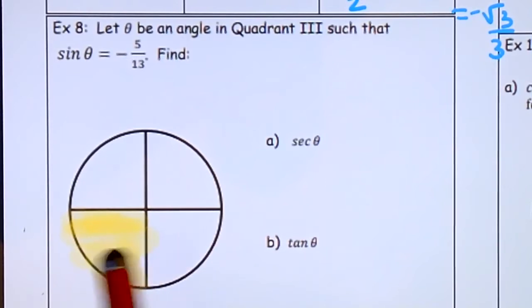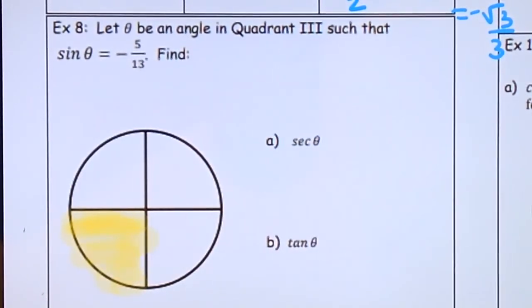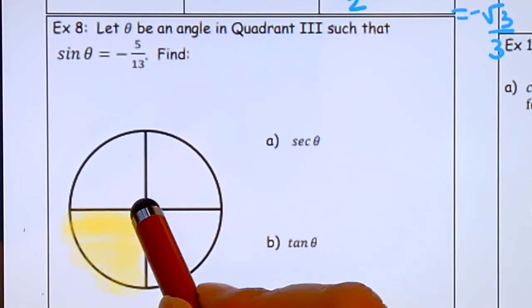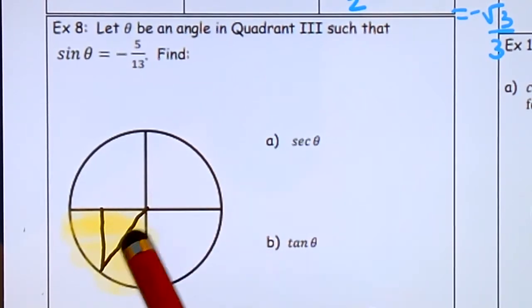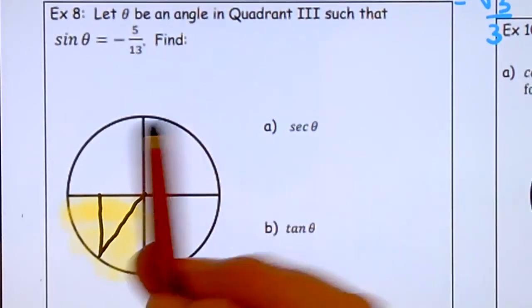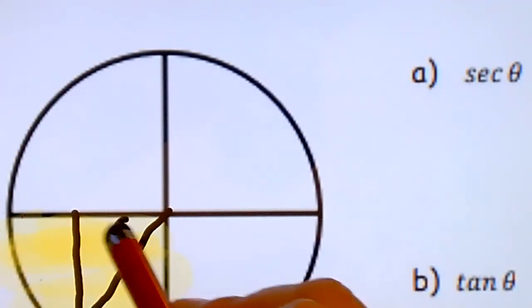It'd be negative in both, but I'm here because they're telling me I'm here. So now let me just draw this out. I'm just going to draw a triangle. I don't really care where I'm drawing it. I'm not going to be accurate with that. But what I need to be accurate with is sine is, and let me just put my theta in here so we know where I am.